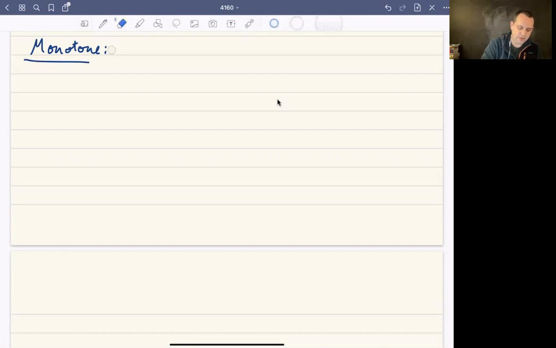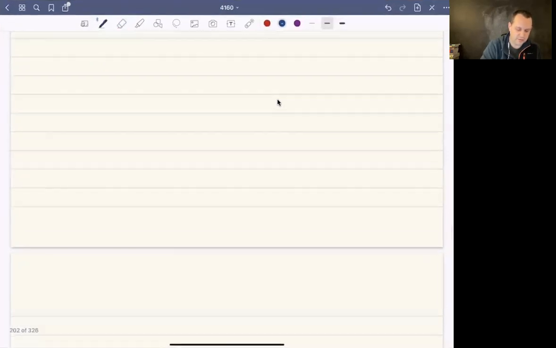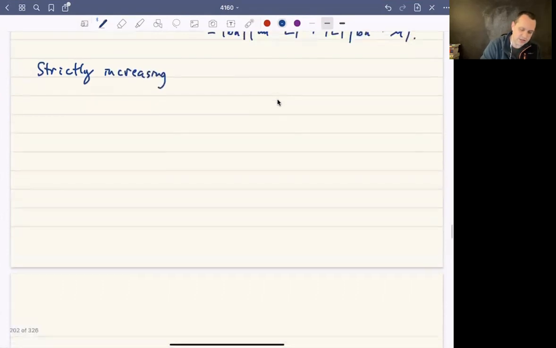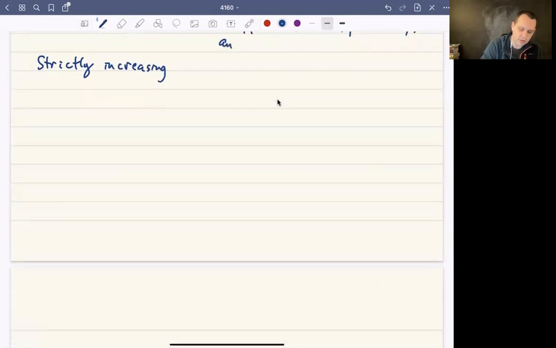So there's the monotone convergence sequence. First I want to tell you what monotone means. I'm going to do this slightly differently than the book does. I'm going to define a sequence to be strictly increasing if each of the terms, and again, these are real valued. So in other words, the sequence is a real number.